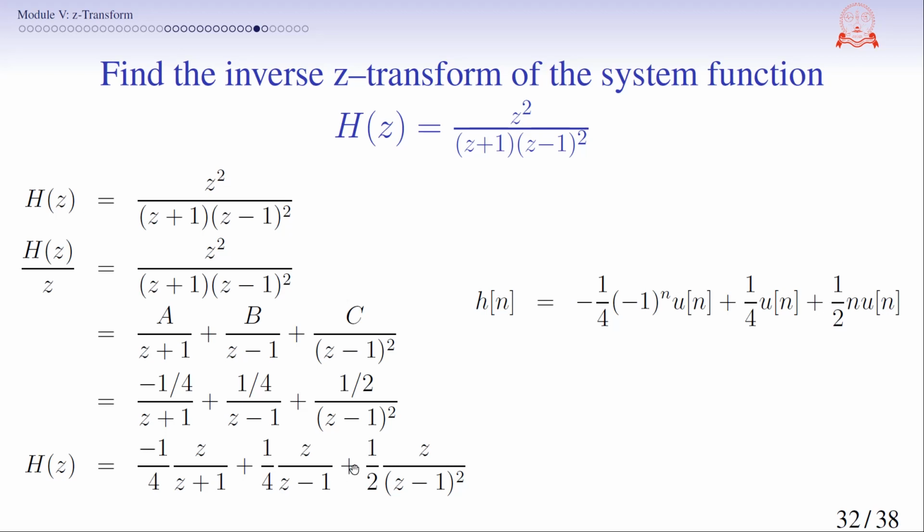And coming to the last part, 1 by 2 into z divided by (z minus 1) the whole squared, the time domain signal is 1 by 2 n into u of n. So the whole time domain sequence is minus 1 by 4 minus 1 by 4 into (minus 1) the whole raised to n u of n plus 1 by 4 into u of n plus 1 by 2 into n into u of n.